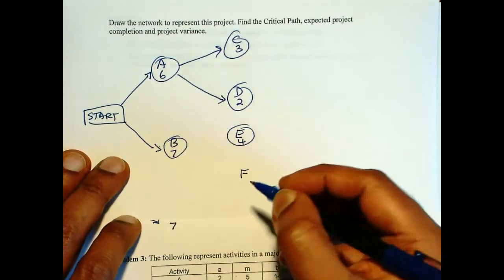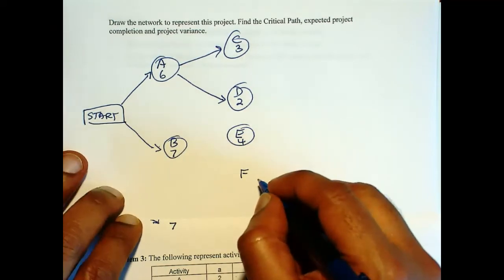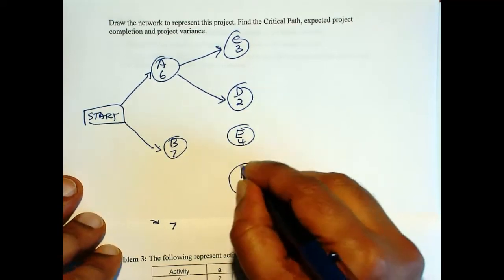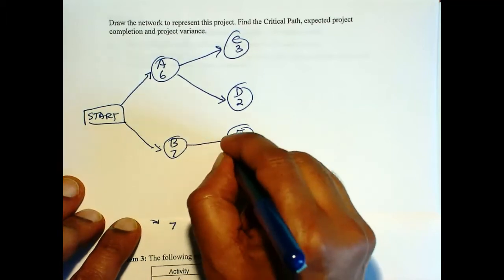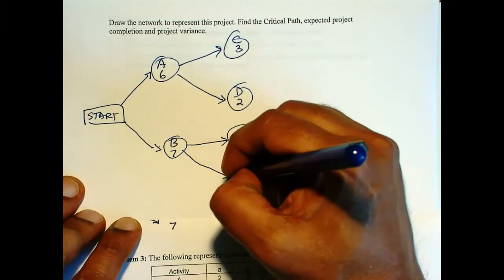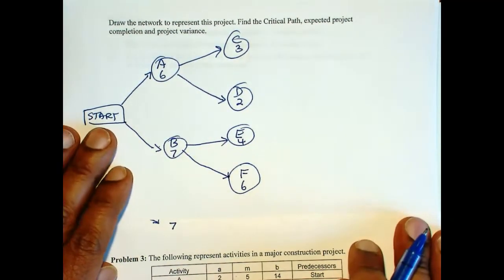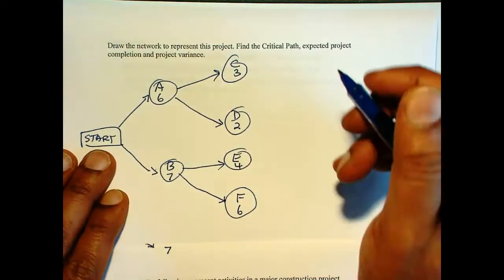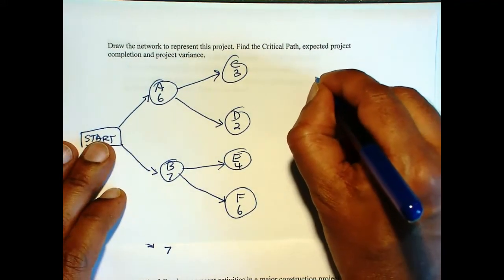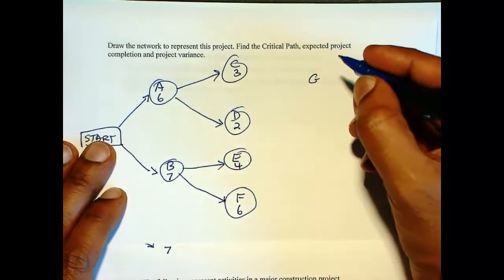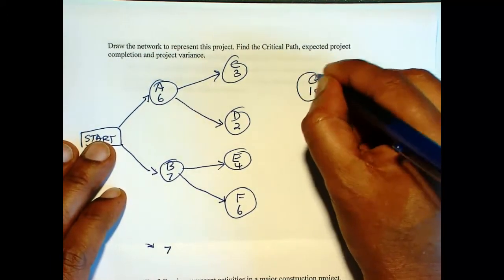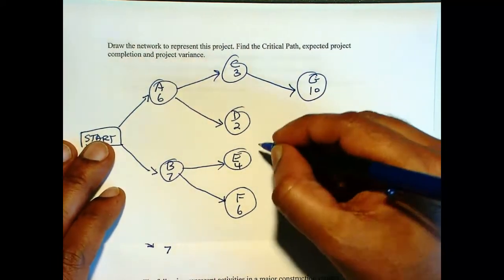Then we have G, the expected time is 10. And G comes after C and E. Then we have H, which is 7, and the predecessors are D and F.